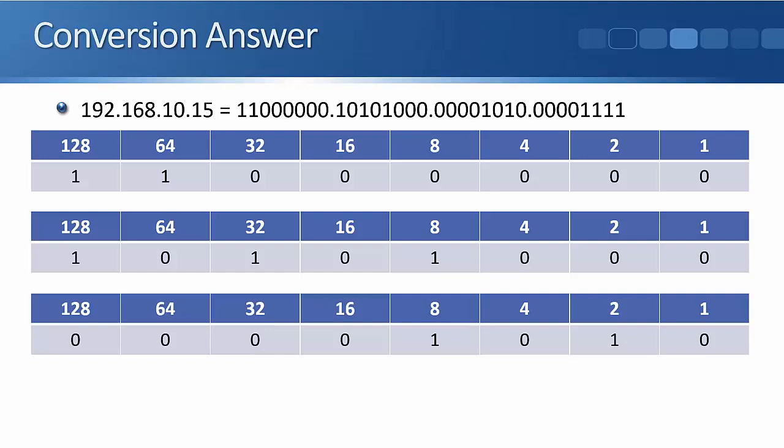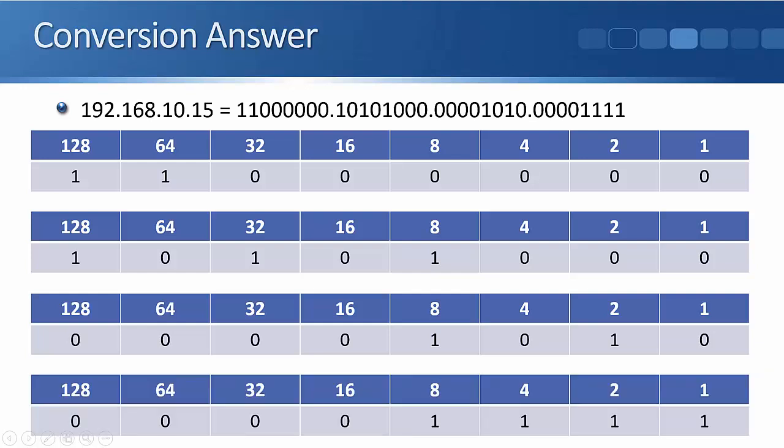The next octet, you should have got 00001010. 8 plus 2 equals 10. And then the last octet of 15, you should have got 00001111. 8 plus 4 plus 2 plus 1 equals 15.